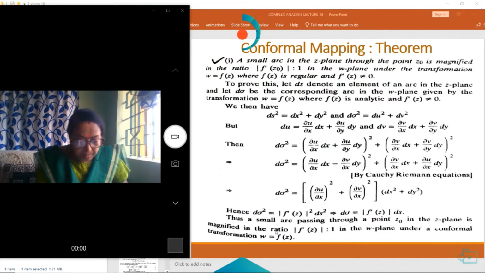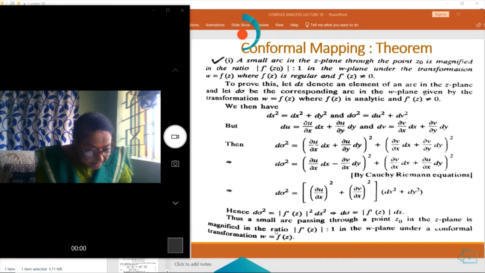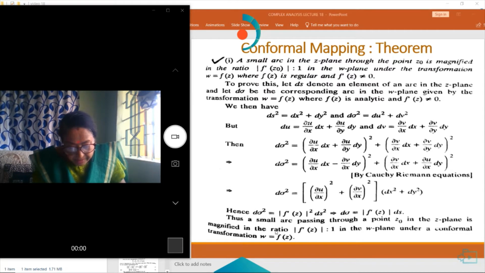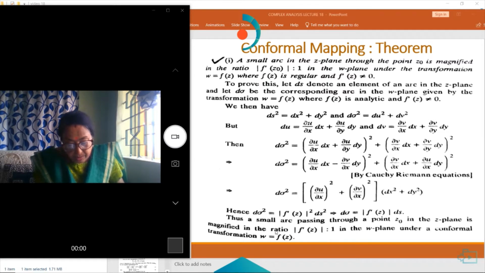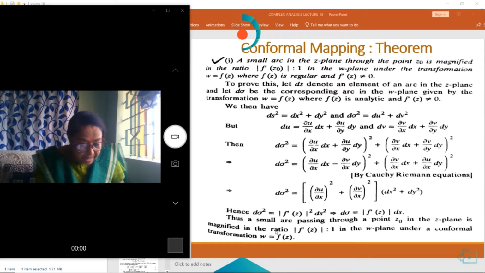Example: a small arc in the z plane through the point z0 is magnified in the ratio modulus of f dash z0 to 1 in the w plane under the transformation w is equal to f(z), where f(z) is regular and f dash z is not equal to 0.